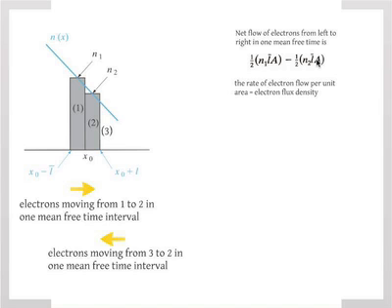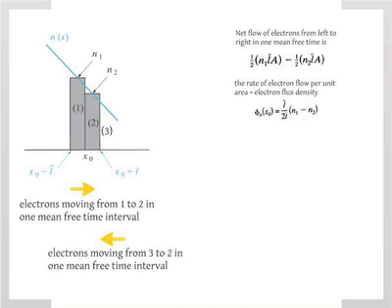Now, the rate of electron flow. We can write the same thing for 3 to 2 in a minute, but the rate of electron flow per unit area is the so-called electron flux density, or it is essentially electron current. If you multiply that by Q, you'll get the current density. It's just you divide it by area, and time.